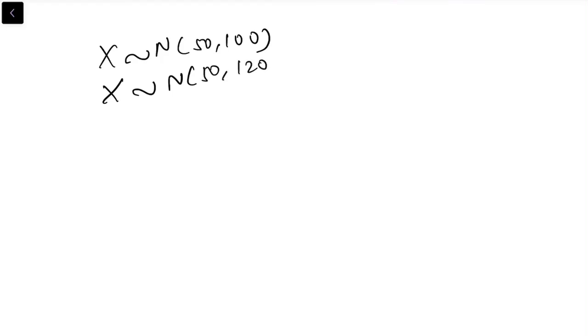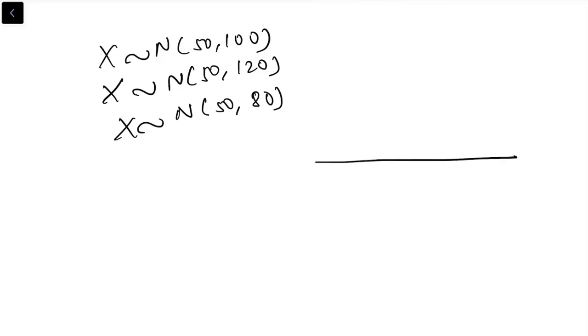So say x follows normal 50 comma 100, x follows normal 50 comma 120, x follows normal 50 comma 80. So in this case, shape will change, but the position will be fixed. So suppose this is the graph.